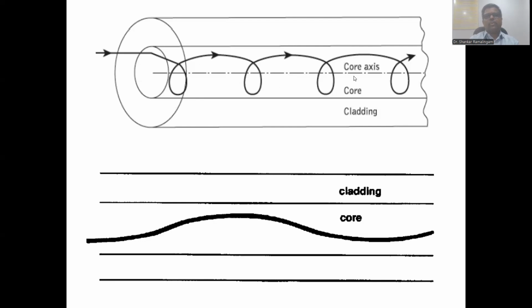So rather than going out of our core to the cladding or to the other layers of our optical fiber cable, total internal reflection is going to contain our light signal inside our core. Without total internal reflection, we can't have our light signal contained in our core, and it can't be received at the receiver without any loss, right?